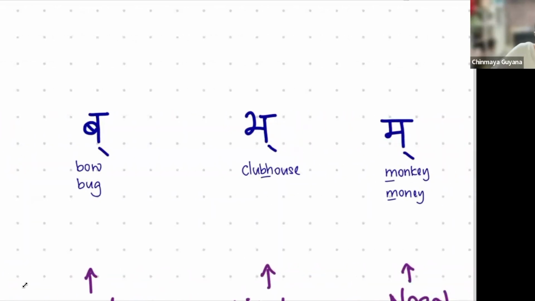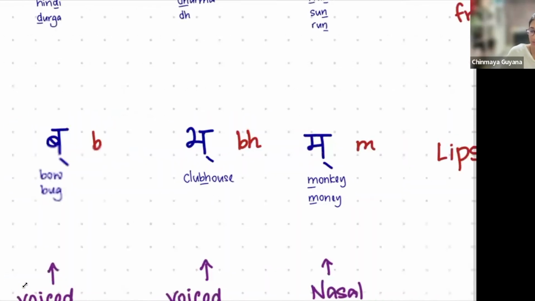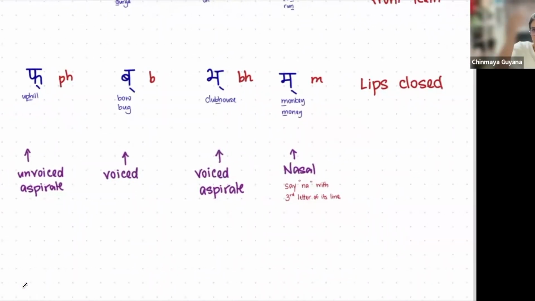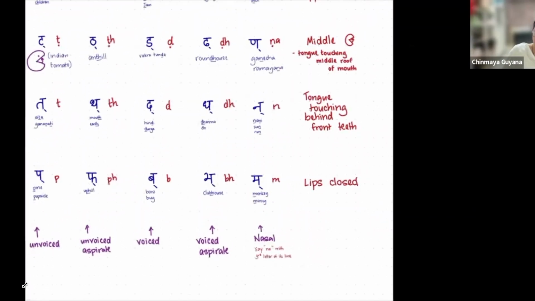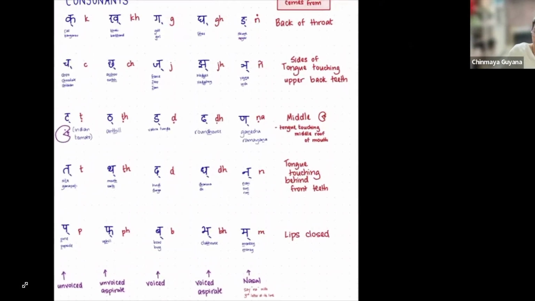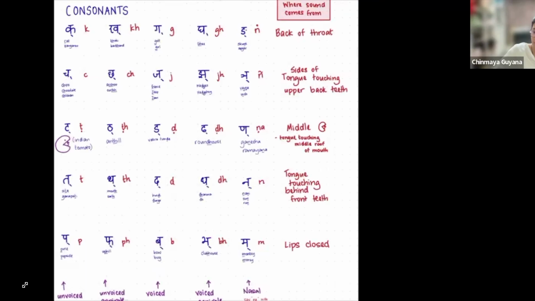Then there is b, p, m. Right? Now, remember, this first whole line is unvoiced. This whole line is unvoiced, meaning you don't use your voice box.